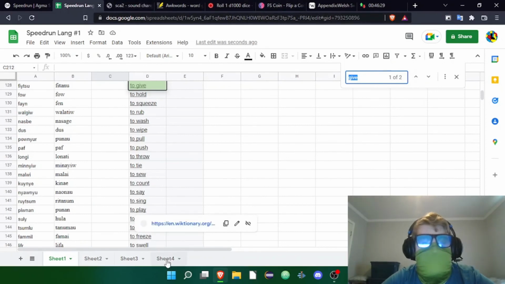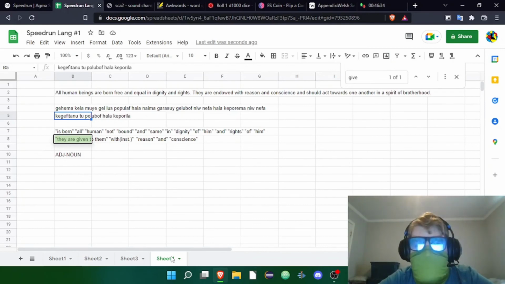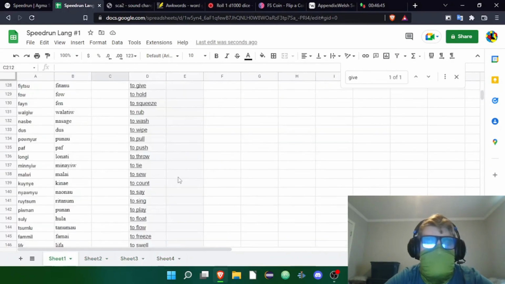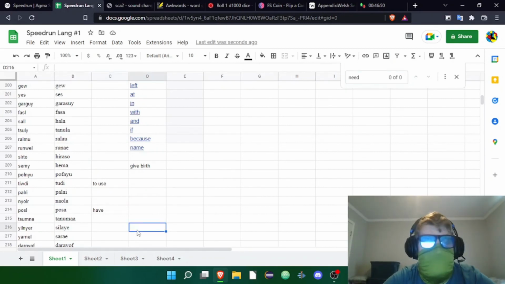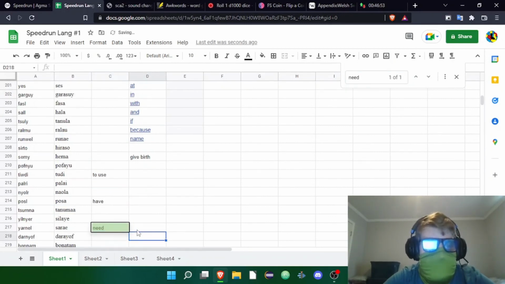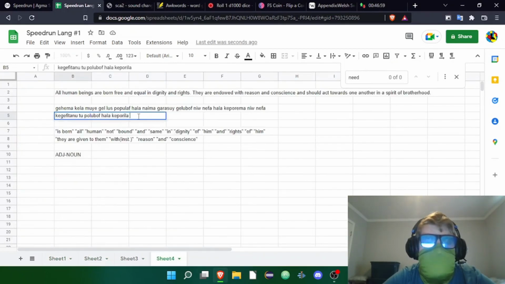Let's go back. It says they're endowed with reason and conscience and should act towards one another in a spirit of brotherhood. So should act. So first we need a verb that means to need, so we'll make one, sarai. And hala should act. Samai.